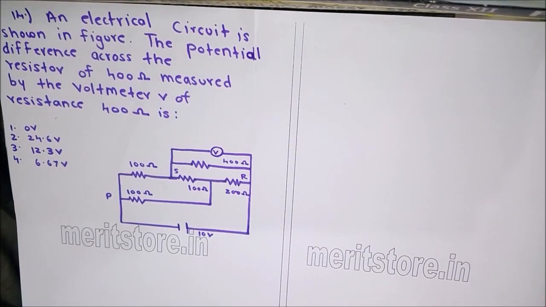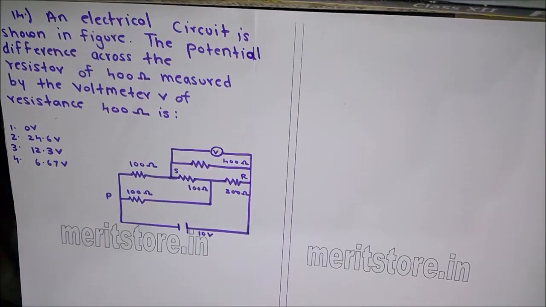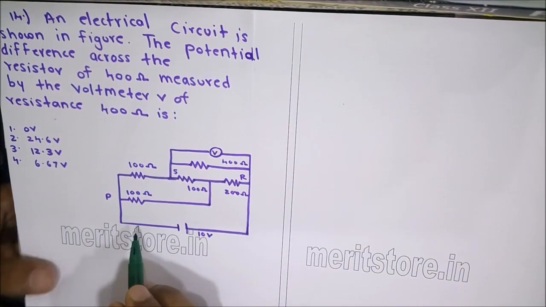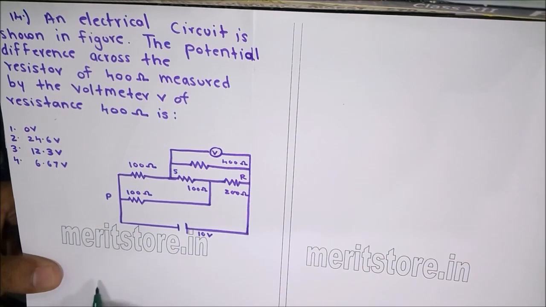An electrical circuit is shown in the figure. The potential difference across the resistor of 400 ohms measured by the voltmeter of resistance 400 ohms is, let me simplify this circuit before we solve the sum further. There's a 10 volt potential and this is connected to 100 ohms.